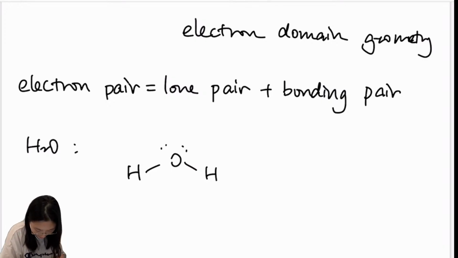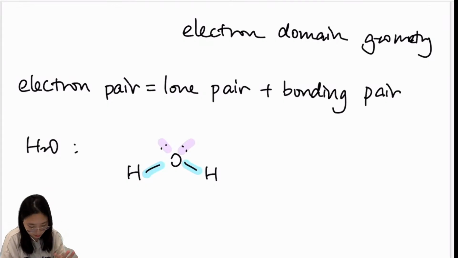It has 1, 2, 3, 4. Including the lone pairs, it has 4 electron pairs in total. These 4 electron pairs repel each other, and they want to be as far away from each other as possible. When you have 4 electron pairs surrounding the central atom, the most ideal structure is the tetrahedral.